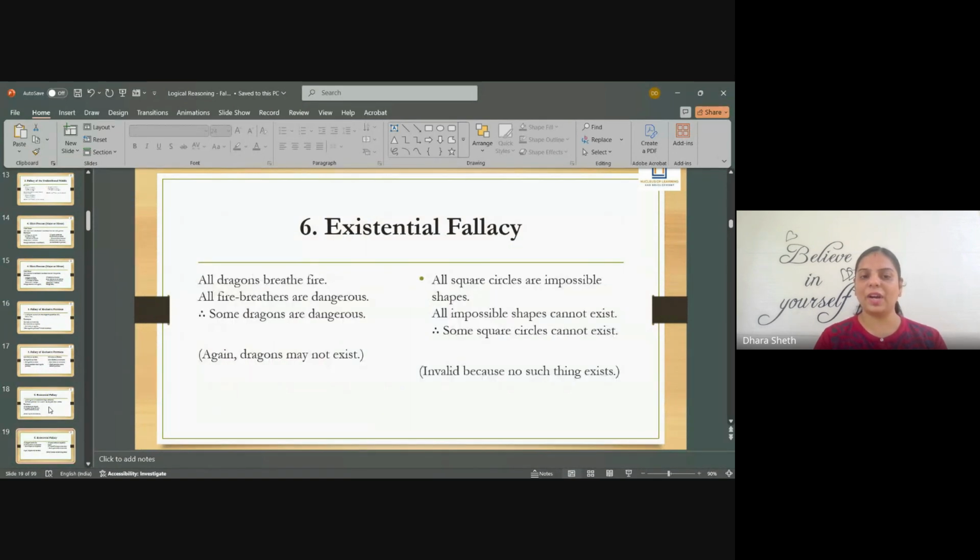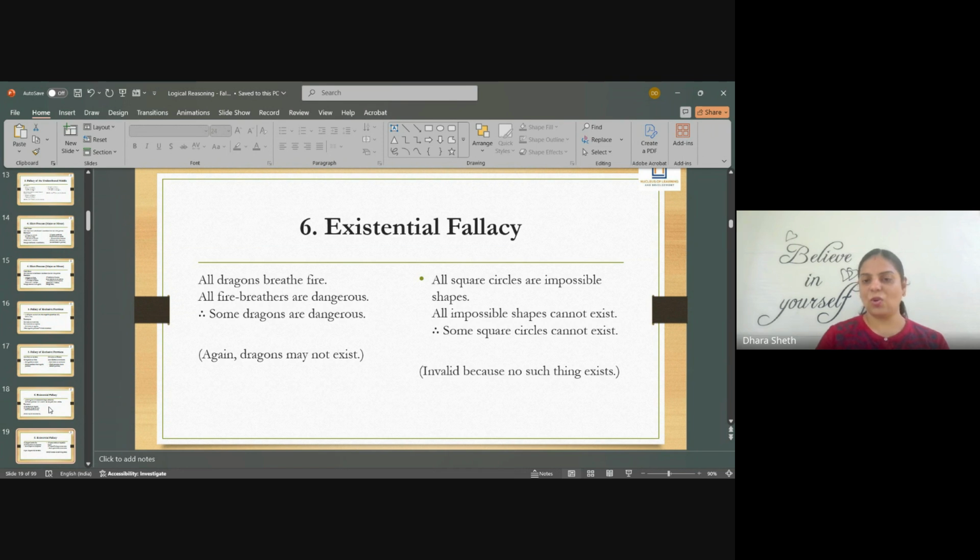All dragons breathe fire. All fire breathers are dangerous. Therefore, some dragons are dangerous. Again, dragons may not exist. So far, we have not seen them. All square circles are impossible shapes. All impossible shapes cannot exist. Therefore, some square circles cannot exist.